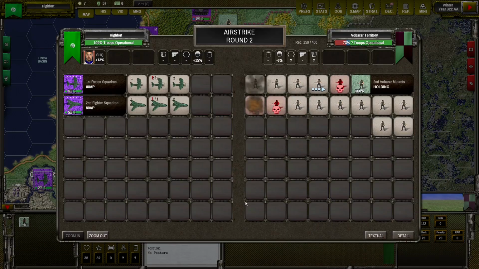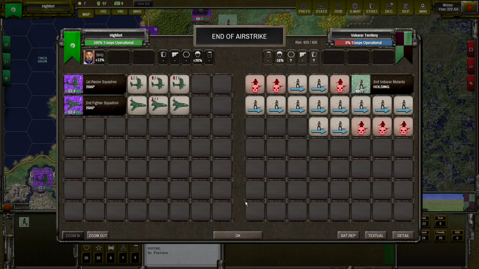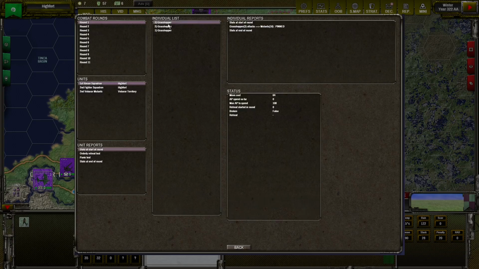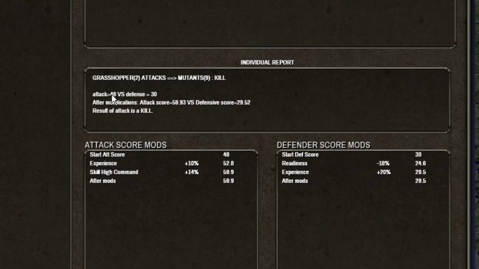On the way. There are more than 3 rounds of fighting because the recon missions have only 3 rounds and normal air attack has 10 rounds of fighting. And you can see that we have many kills and mainly the kills were done by the recon unit. So if we check in the details, you can see that here, for example, our attack was 48 and their defense, so the green triangle, was 30.